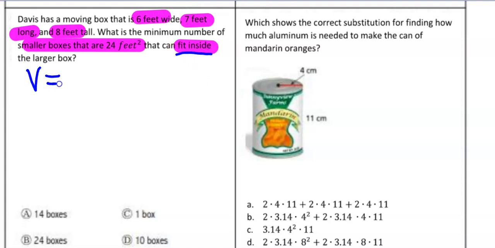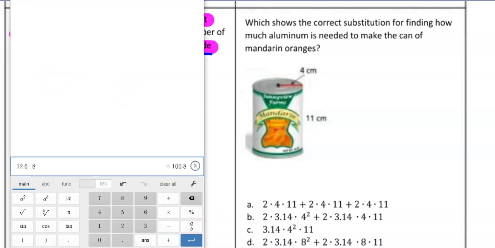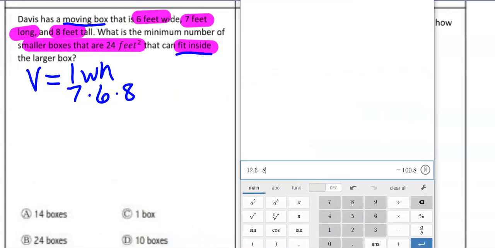So this is a volume problem. First, we're going to figure out the volume of the moving box. So I'm going to multiply the length times width times height. So that's going to be 7 times 6 times 8. I can just multiply those 3 numbers, and I get 336.